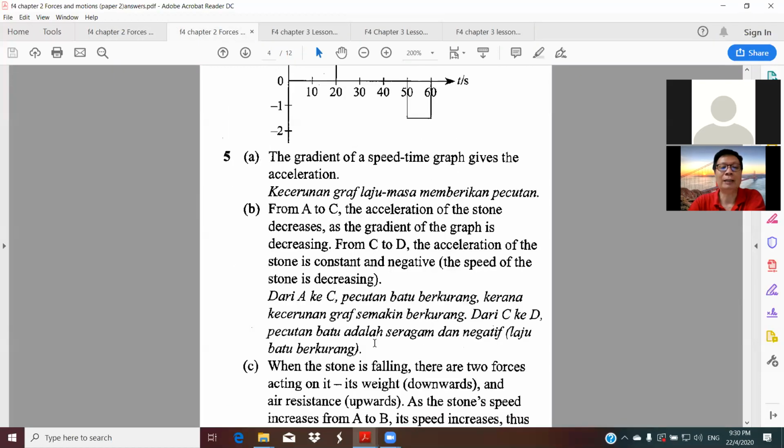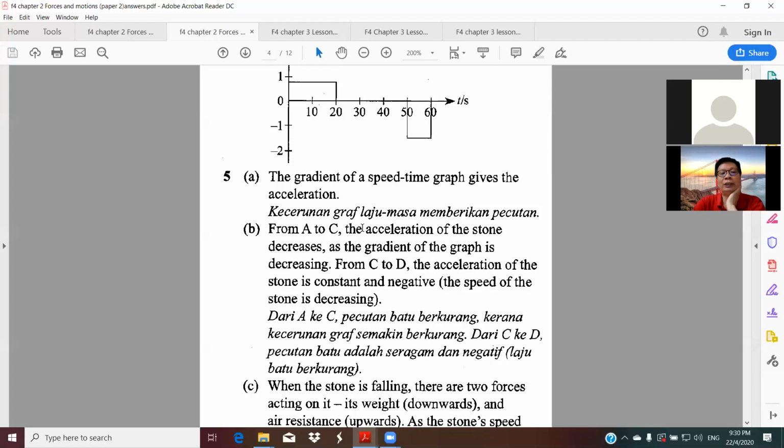You read yourself. From A to C, acceleration of the stone decreases because the gradient is getting less. So acceleration decreases as the gradient of the graph is decreasing. From C to D, acceleration constant, right? The acceleration is zero now, not constant. This answer is wrong.